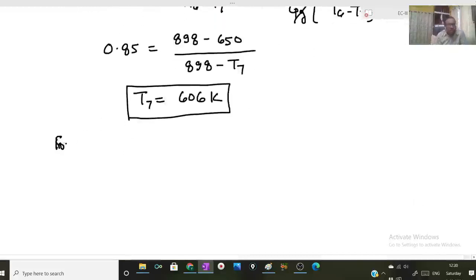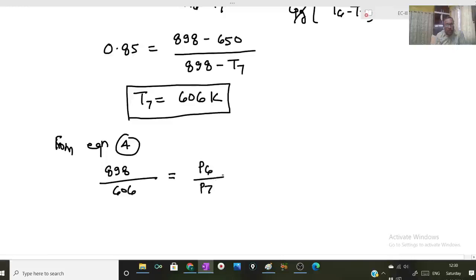So from equation 4, 898 divided by 606 is equal to P6 over P7 to the power 0.333 divided by 1.333.